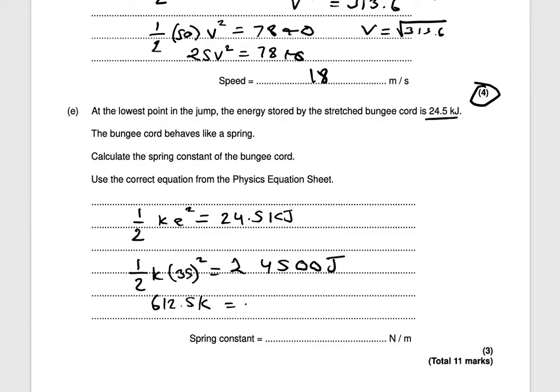Okay, and that's equal to 24,500. So you're going to divide on both sides to get k by itself. Okay, so 24,500 divided by 612.5, and that's going to give you 40. So your answer for the spring constant is 40 newtons per meter, and that would get you 3 marks.